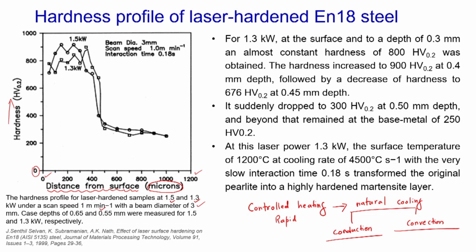Now, if you look at the trend for 1300 watt, the hollow squares which are shown over here, these values have been recorded for the 1300 watt. So, here you can see the graph for the 1300 watt.